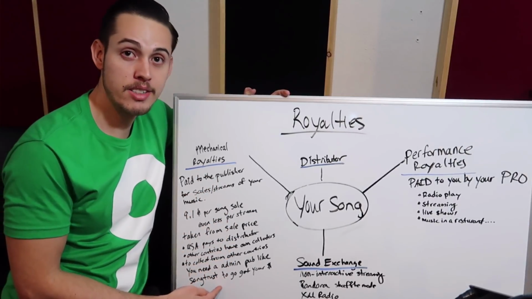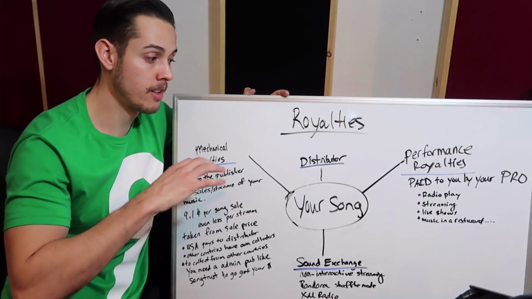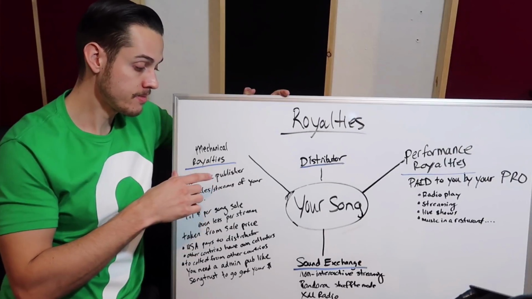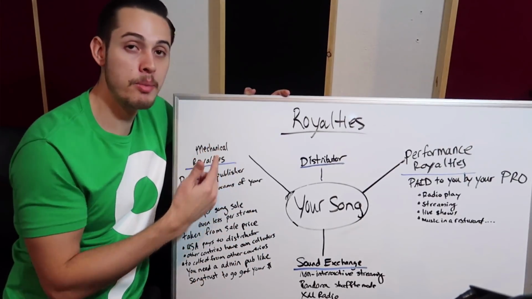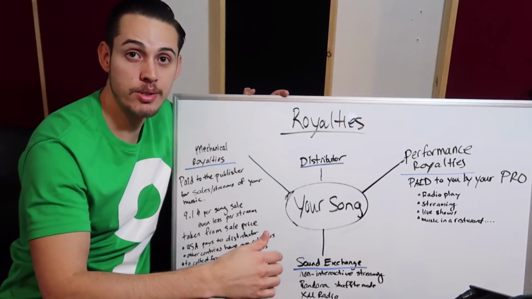So say you go with Songtrust to administer your publishing and collect those overseas mechanical royalties. Now, they charge $100 to get signed up, and they take 15% of all publishing money that they collect for you. Now, is that worth it or not? That's going to all depend on how many sales you're making overseas in different countries.